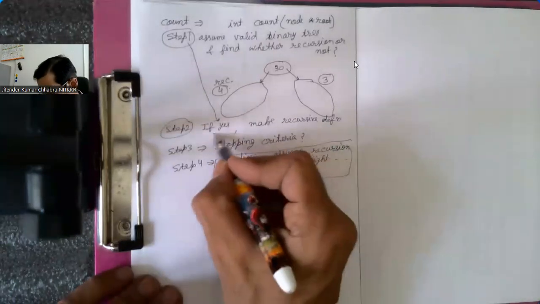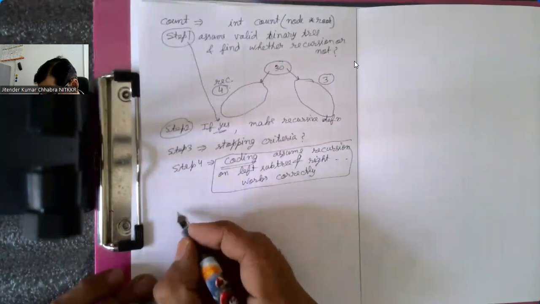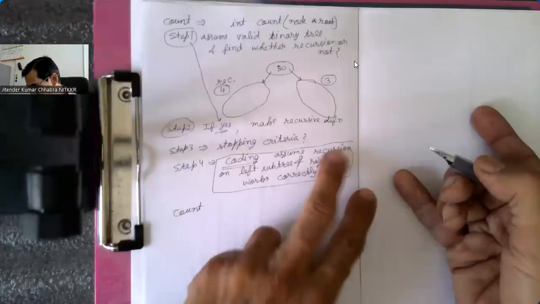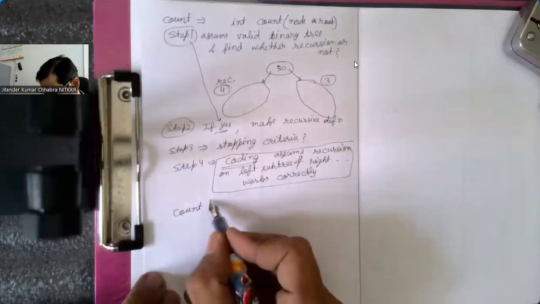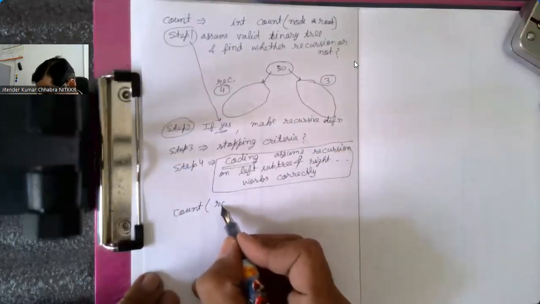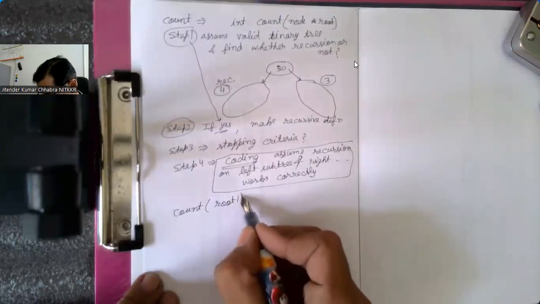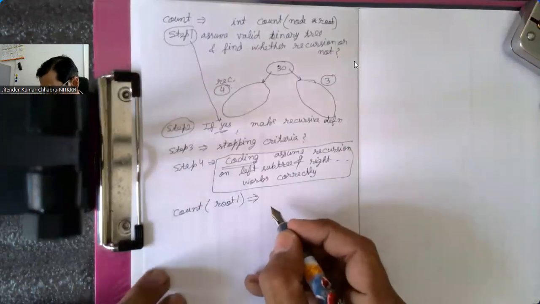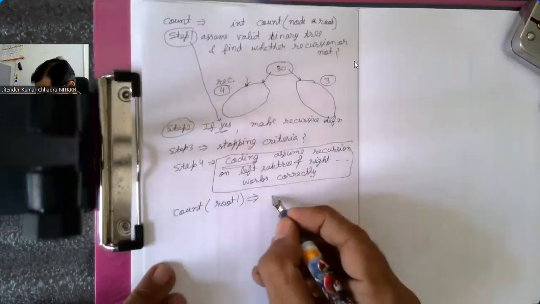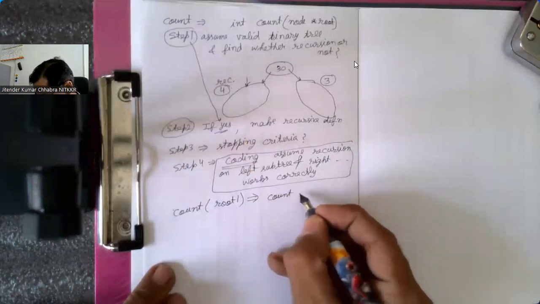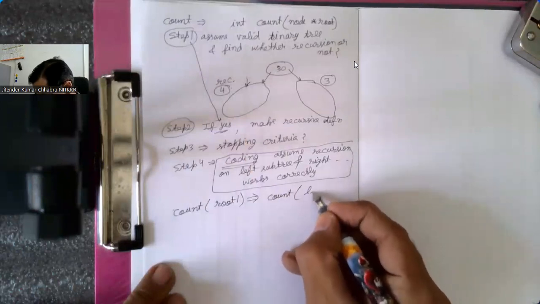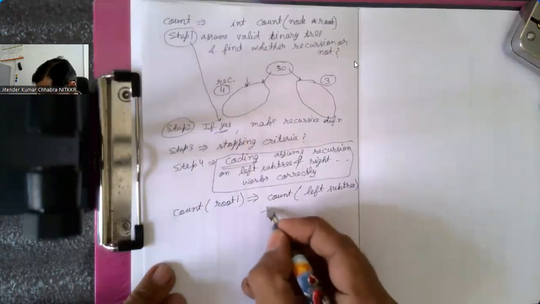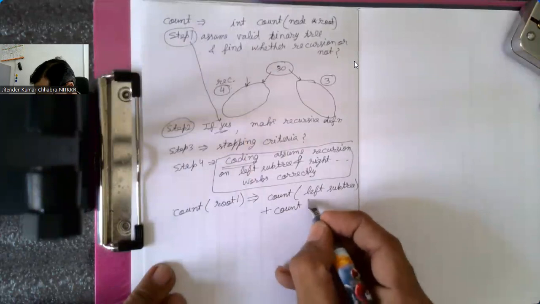So I have seen it is recursively useful, so I will say recursive definition. So what is count? Count on a root, how it should be computed. Count on some binary tree root 1 or whatever you have. If the tree exists, what is the count? Count of the left subtree, obviously, that will give me the count, plus count of the right subtree.